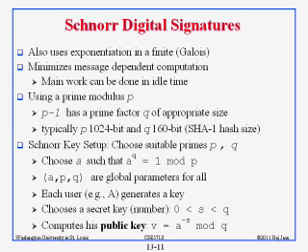So you do the same thing now. The book keeps changing the numbers, so now they are using a prime modulus p, and p minus 1 has a prime factor q.